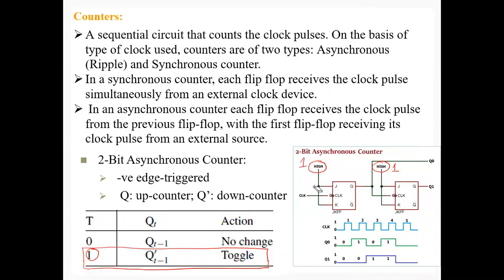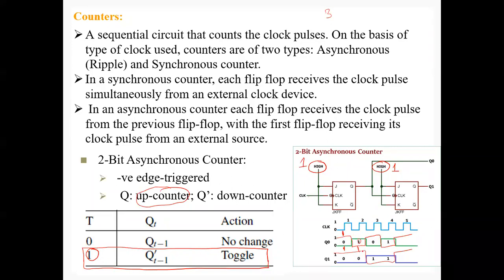All right, now, so we proved that this guy is an up counter, right? Similarly, if you do the opposite thing right here, from the Q prime, this is the Q prime, right? So will this be down counter or up counter? See, you start with 1, 1, which is 3. Then you have 1, 0.